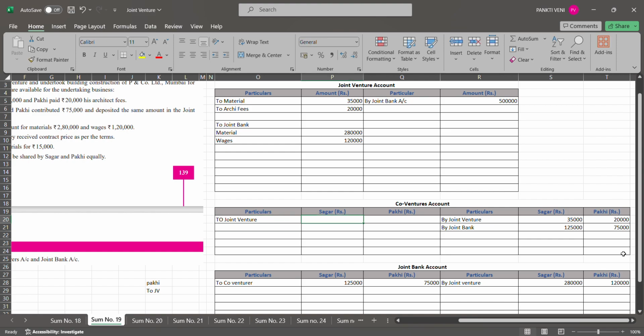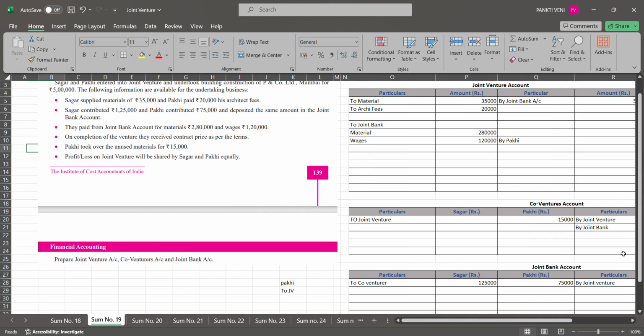Value is 15,000. And here it will be by Paki, 15,000. So this part is done.